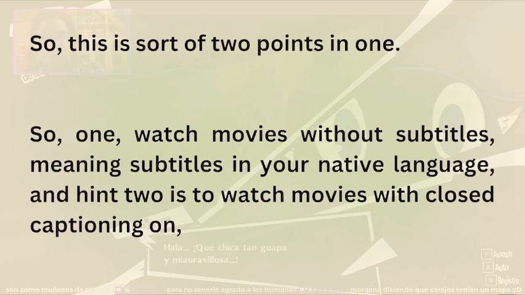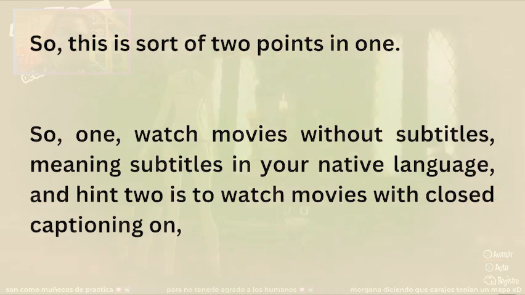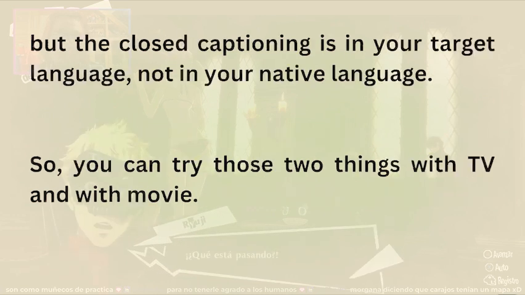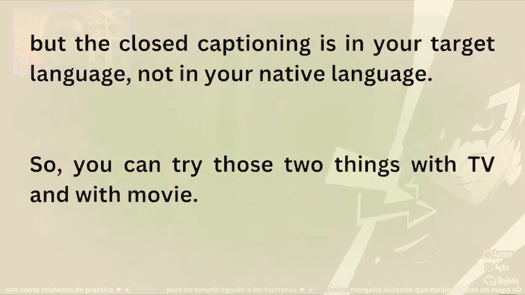So, this is sort of 2 points in one. 1, watch movies without subtitles, meaning subtitles in your native language. And hint 2 is to watch movies with closed captioning on, but the closed captioning is in your target language, not in your native language. So you can try those 2 things with TV and with movies.